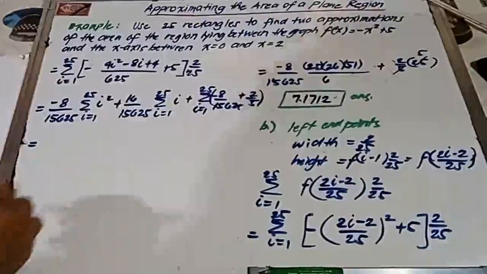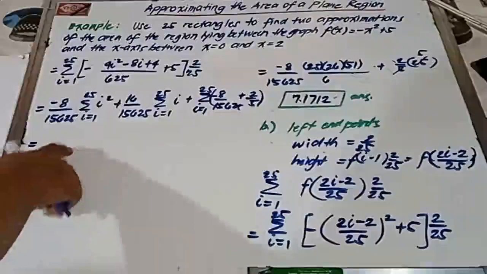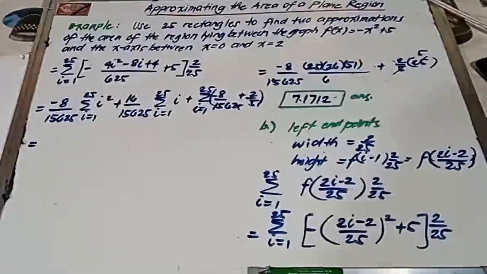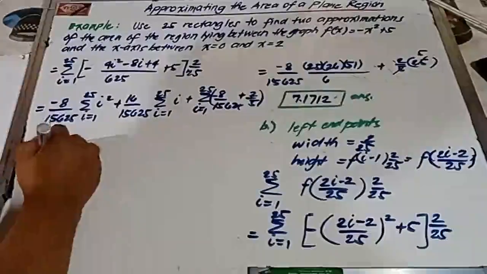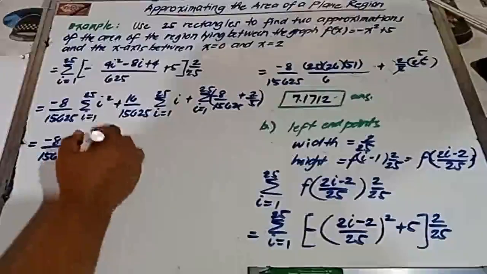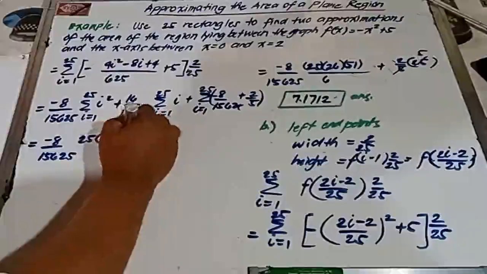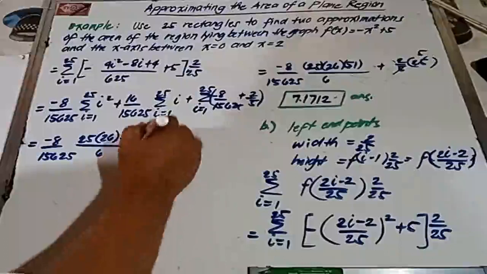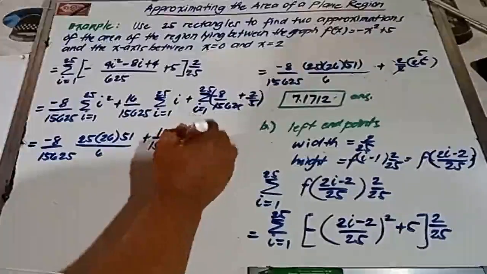Equal to, gamit yung ating formulas for sum of powers of integers, i squared is n times n plus 1 times 2n plus 1 over 6. So we have negative 8 over 15,625, n is 25 times 26 times 51 over 6 plus 16 over 15,625.